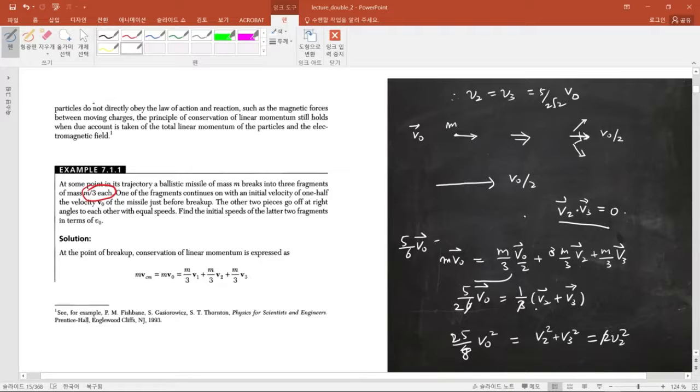So here v2 plus v3 is equal to 2/5 v0. So 2/5 v0 should equal to v2 plus v3, but they are the same lengths. So the only way that these two vectors can add up is like this, because they are perpendicular and they are the same lengths. So this is isosceles.